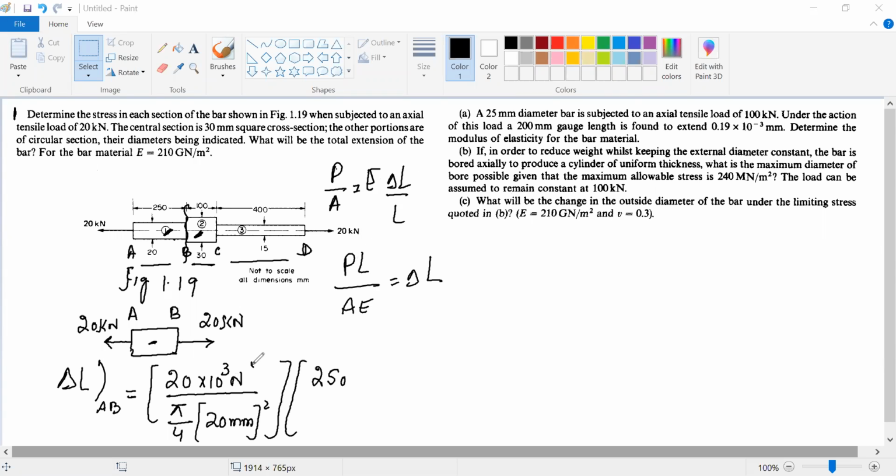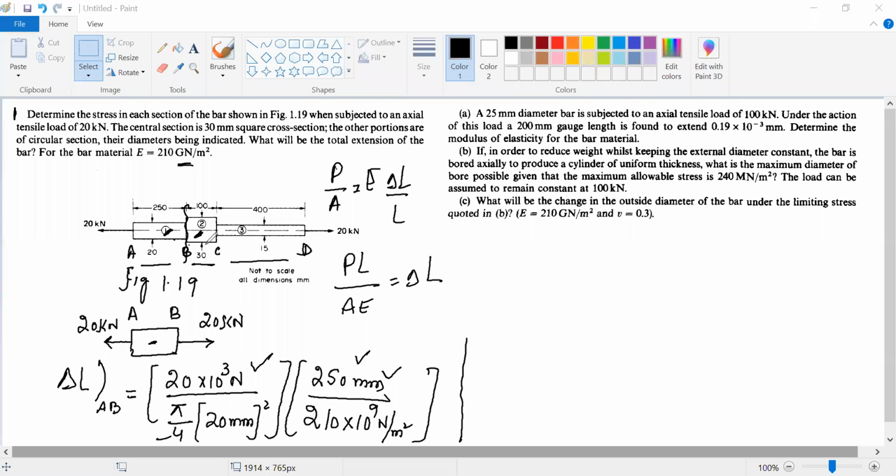So this is P, this is A, this is L, 250 mm, divided by Young's modulus of elasticity, which is 200 giganewton per meter square, that is 210 into 10 raised power 9 Newton per meter square. You have to convert this mm into meters, that I am leaving to you. This will be the change in length in the section AB.